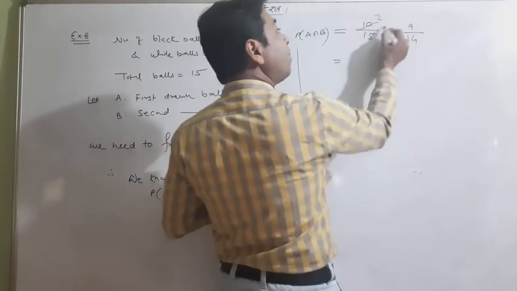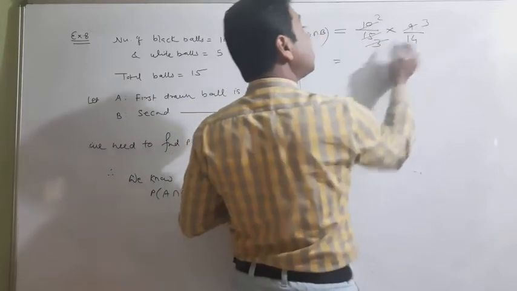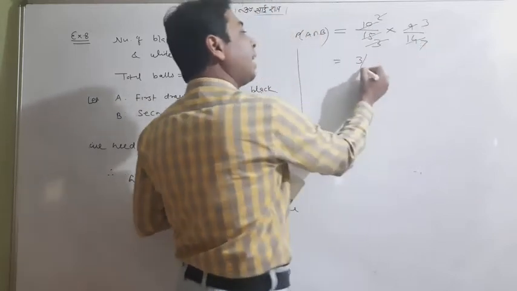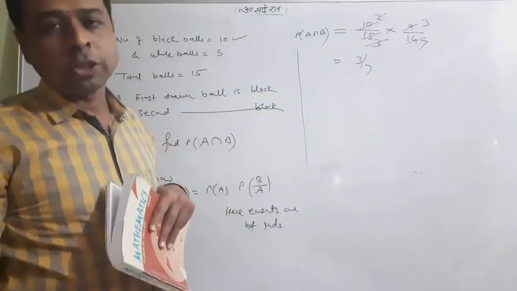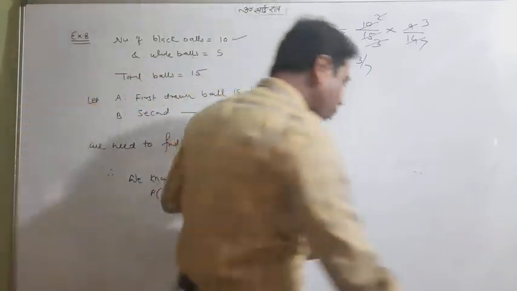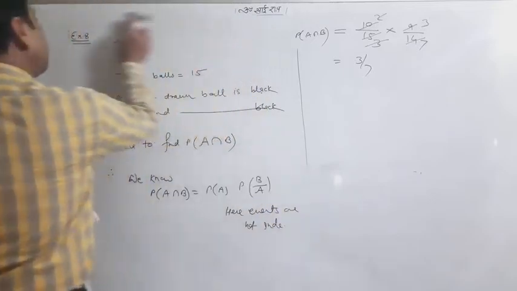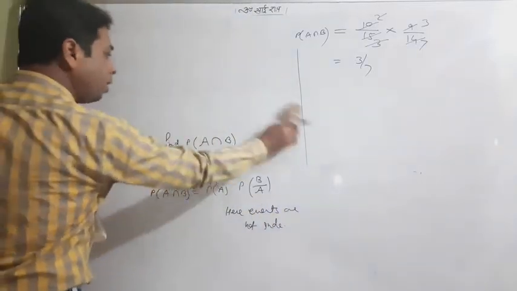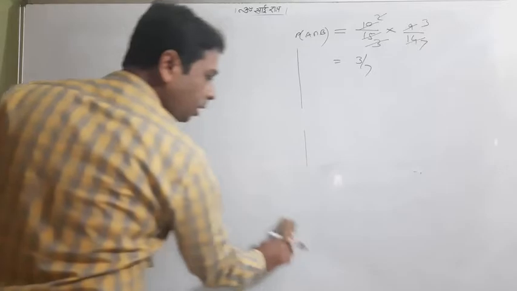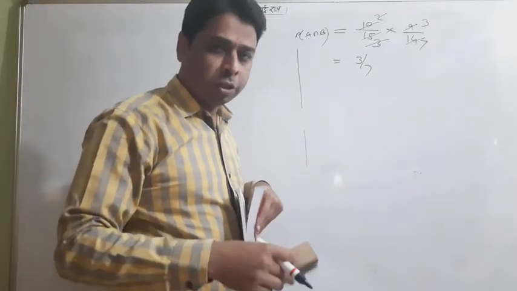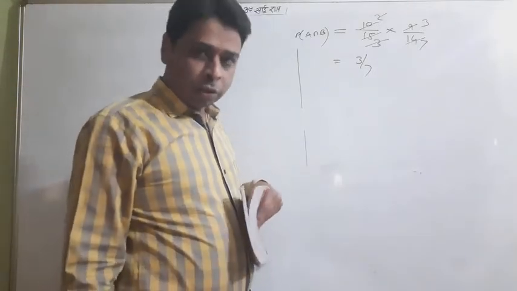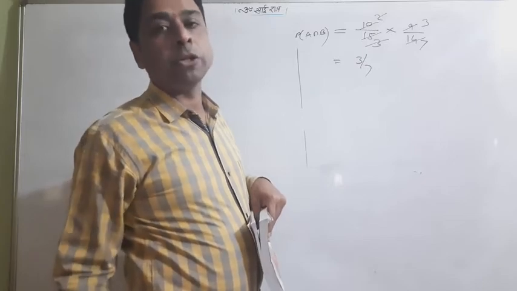Whatever cancellation we have, that is your simple answer. Hope you have understood what I am doing here. Two things will concern us, whether events are independent or not. Definitely it depends. You know that both formulas we read depend on these conditions.